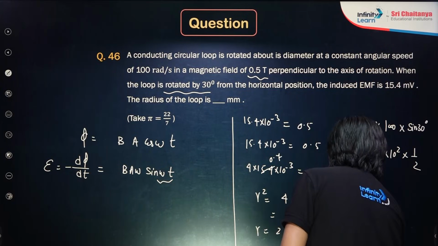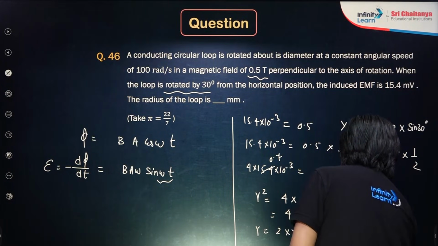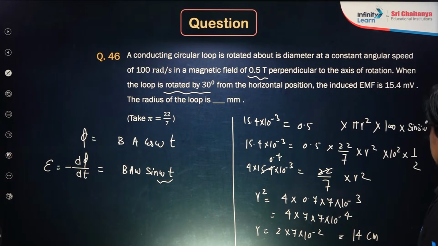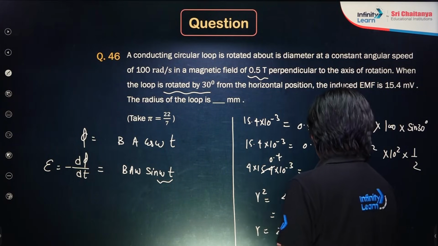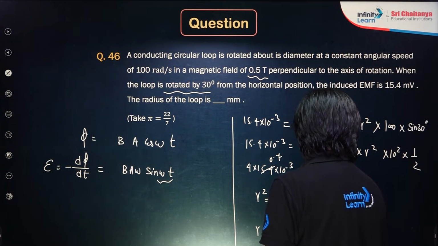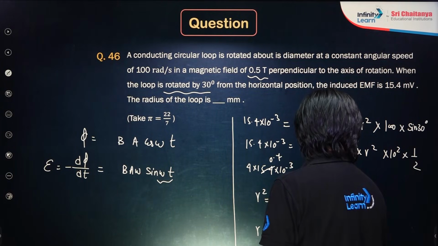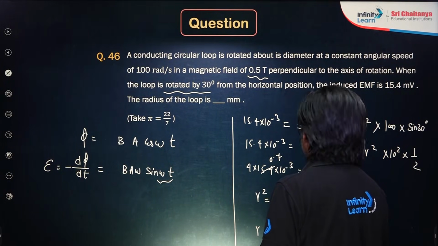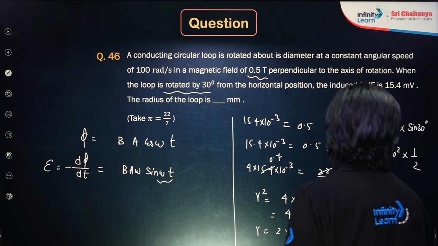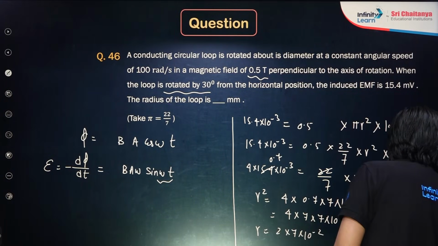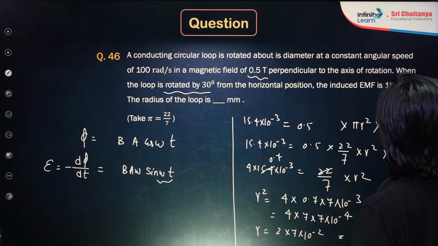Okay, so this is just 14 centimeter. Okay, but they are asking in millimeter. Let me calculate once more. Let me check this. 7 into 7 into 10 raised to the power minus 4. So 2 into 7 into 10 raised to the power minus 2. In millimeter, that will be 140 millimeter. So I think 140, that must be the answer. Okay, 14 is the answer.